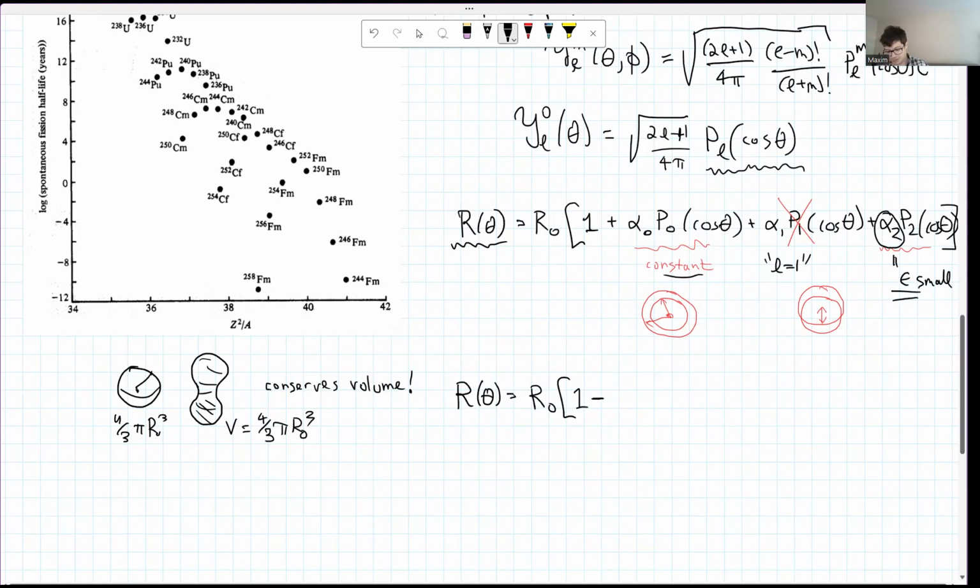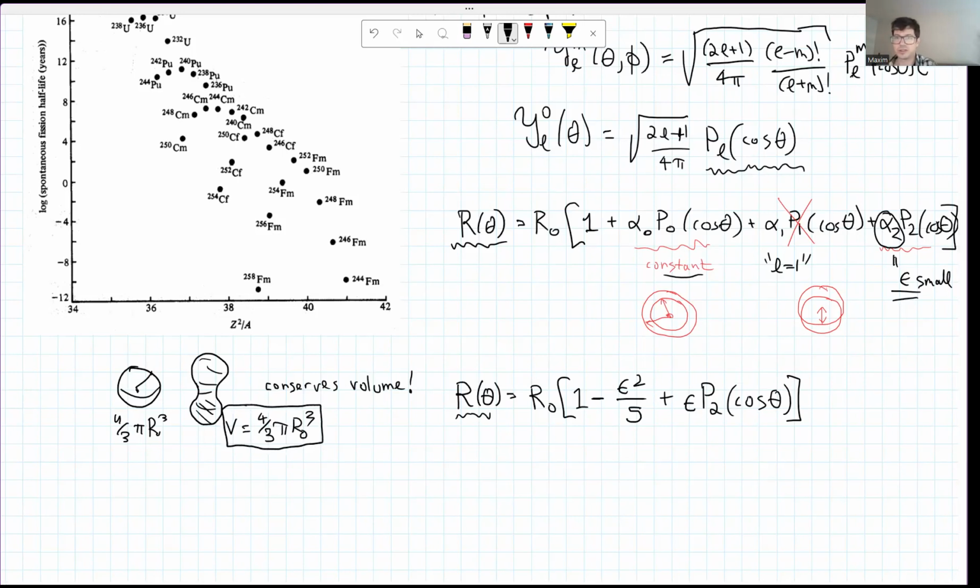And in that case, the volume constraint gives us 1 minus epsilon squared over 5 to leading order in epsilon plus epsilon P2 cos theta. So the volume of the shape described by this particular R for all the different values of epsilon should just equal the original volume, this one.